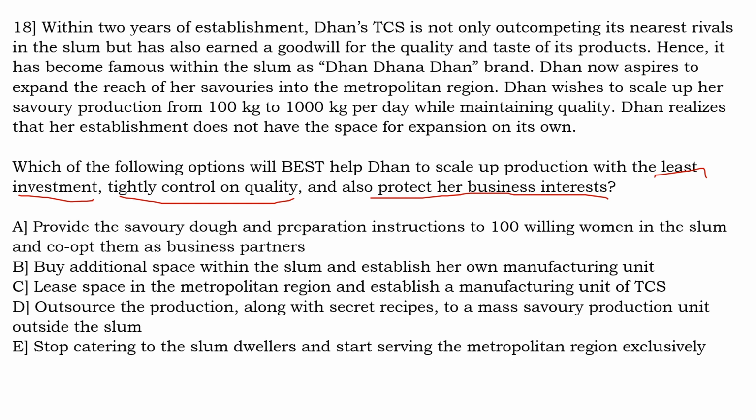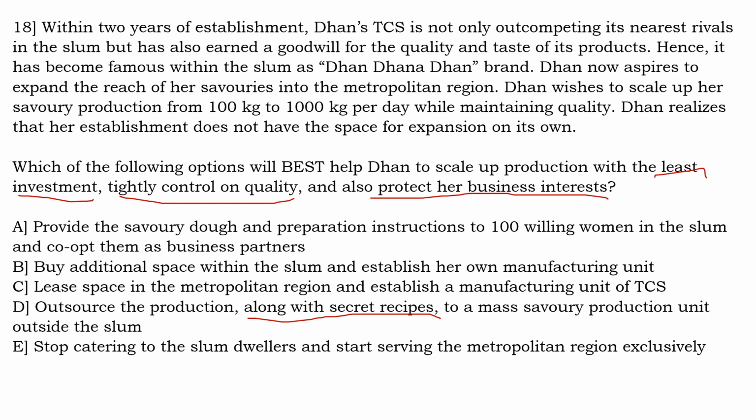Remove this. Option D, outsource the production along with secret recipes to a mass savory production unit outside the slum. So the space constraint can be solved by outsourcing the production to a very big savory production unit which is situated outside the slum. So two issues are there here. One is the investment issue, because when you outsource the production, you again have to pay some money to the production unit. Second issue is the secret recipes.